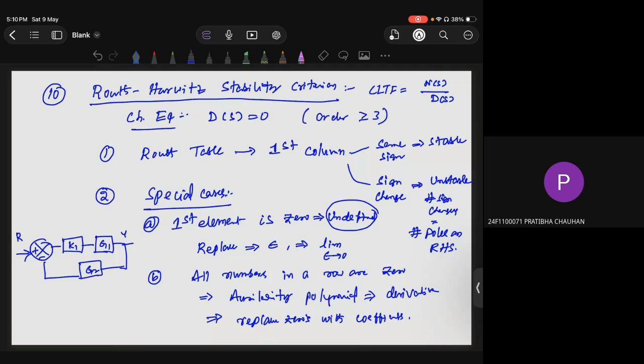So you can use this RH criteria to decide the range of K for the system to be stable. That is the advantage of the RH criteria.